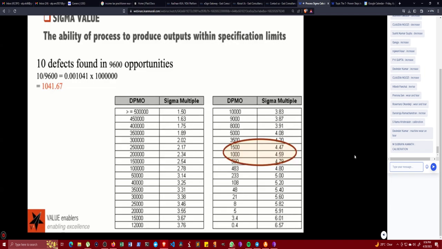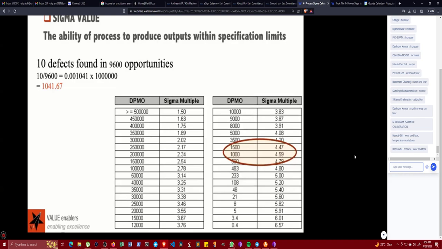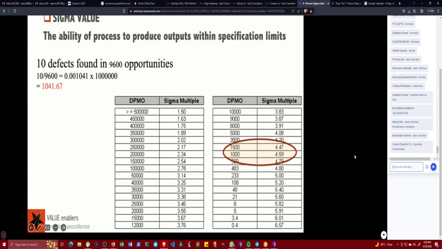The wear and tear of the machine, probably the input raw material changes, mechanical wear, utilization, etc. So when you have 4.5 sigma and use it for a long term, the defects will increase and hence your sigma capability will come down.